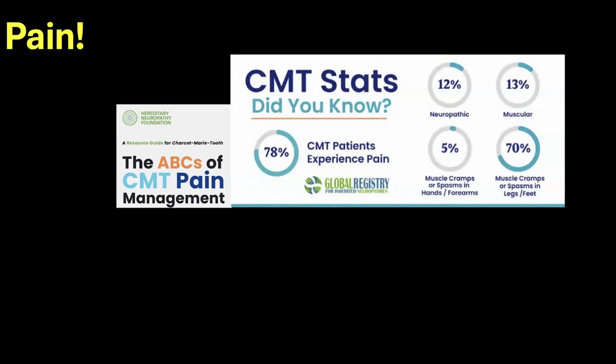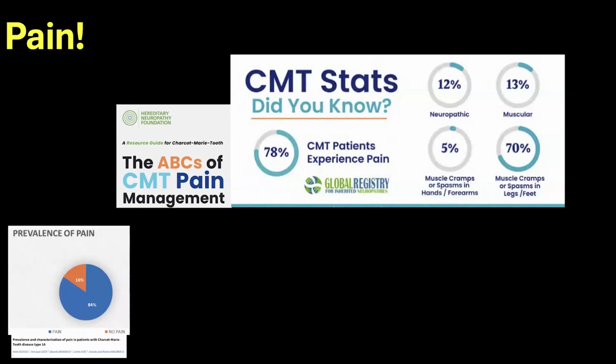Now, when we look at a broad picture of pain in CMT, there are some types and variants of CMT that don't have any pain at all. They may just have a motor system involvement. But there are some types of CMT that may have more pain than others. If we look at one study on the left-hand side from Brazil, looking at a relatively small number of patients, they found the prevalence of neuropathic pain and pain itself was around 84% in their group of patients.